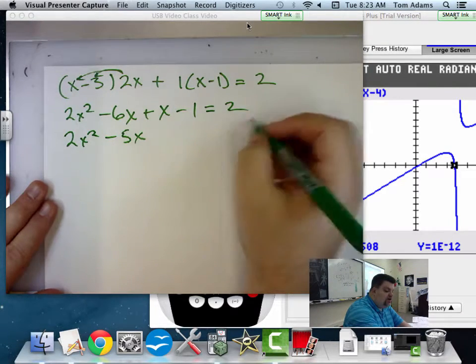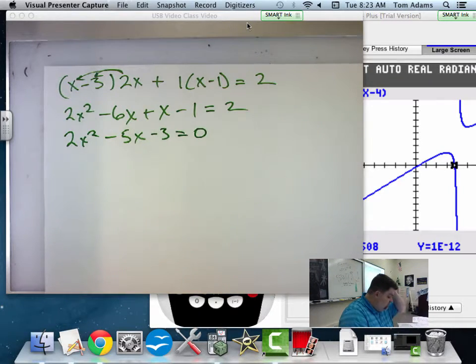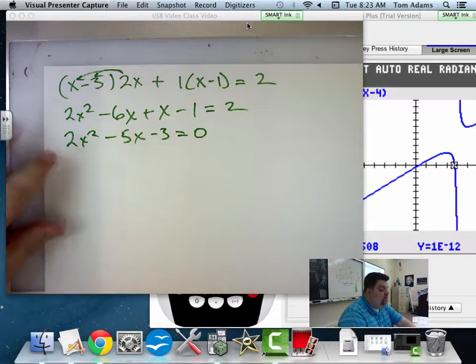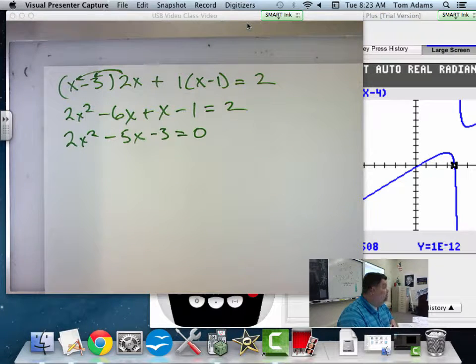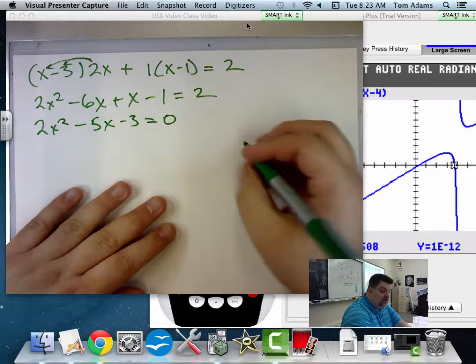And then if I subtract 2 from both sides and then add the negative 1, I should get 2x squared minus 5x minus 3 equals 0. Okay? Now I happen to know that this is not factorable. Not with integers. So how could I solve that? Well, maybe. Well, wait. Let's see. Maybe we can.